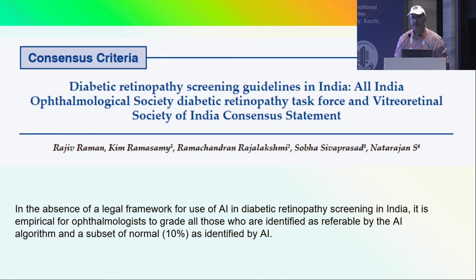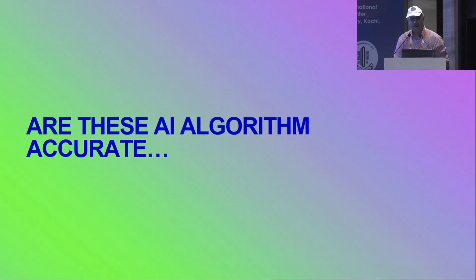That's the article which I was referring to, and the point he has made here is that it is imperative for ophthalmologists to grade all the referable photographs identified by AI, by human beings in India, because 10% of normal are also referred. So that is the consensus criteria about AI.